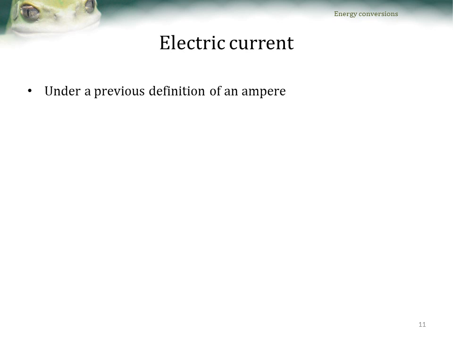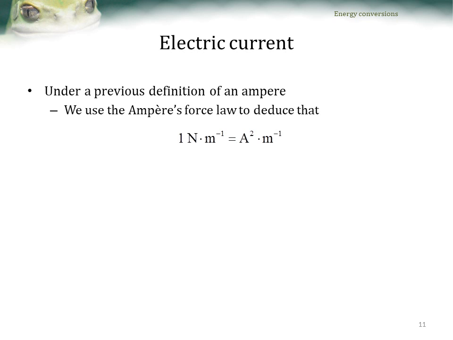Now, as for electric current, under a previous definition of an ampere, using Ampere's force law, we deduce that the following two are equivalent. Thus, an ampere squared is equal to a kilogram meter per second squared.